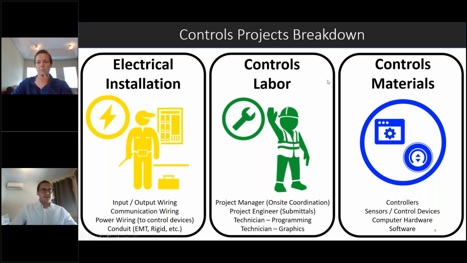Controls labor is usually in the 20 to 40% of the overall controls project cost. The materials are somewhere in the 10 to 20 or 30%, depending upon the type of project. But that's specific to what I've seen locally in New York City. I think other cities may not have as high electrical wages, so that could definitely vary a bit.